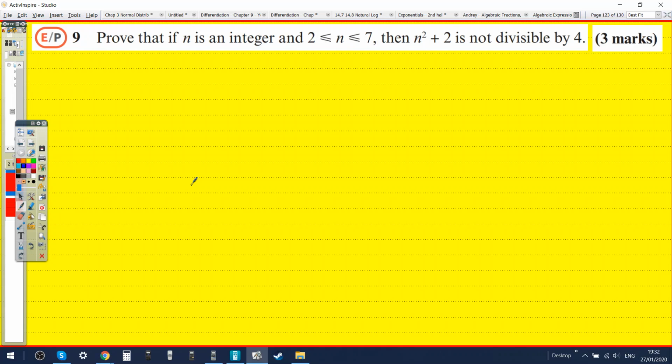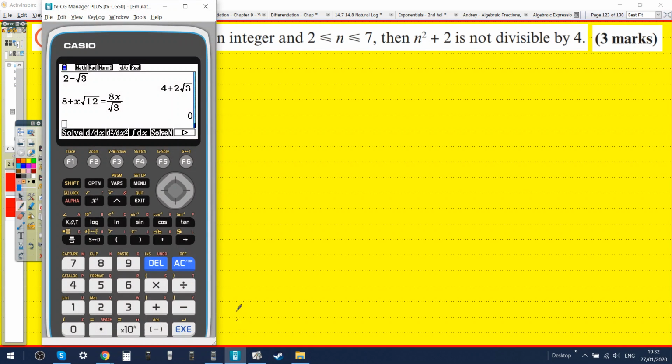So we have to just take all numbers in between that bracket and then sub them into n squared plus 2 and then show that it's not divisible by 4. Do you know a quick way to do it? I'm guessing just do the first number and the last number or something like that. No. They'll want to see what they are.